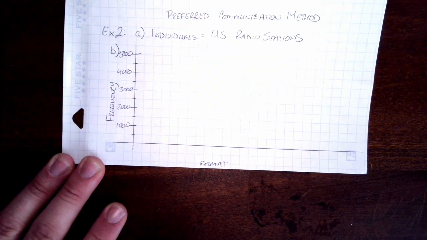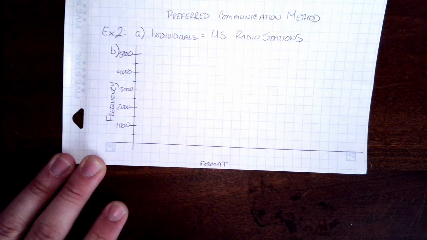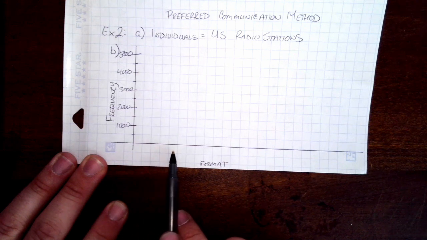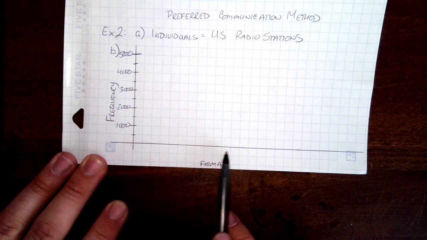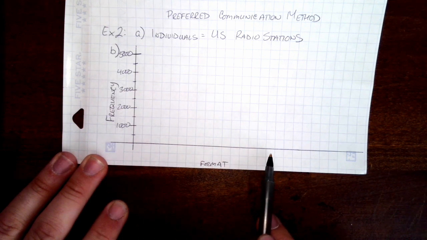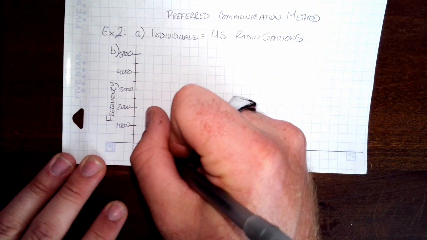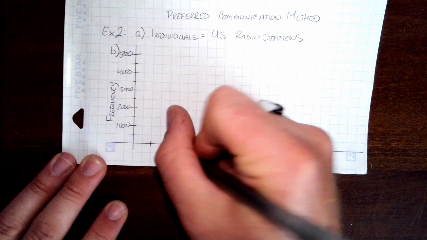We also have 1, 2, 3, 4, 5, 6, 7, 8, 9, 10, 11 different categories. I have 22 boxes there, so we can use 2 boxes at a time for each format.